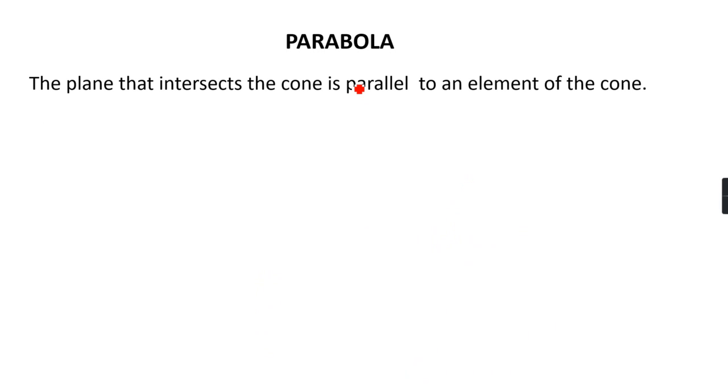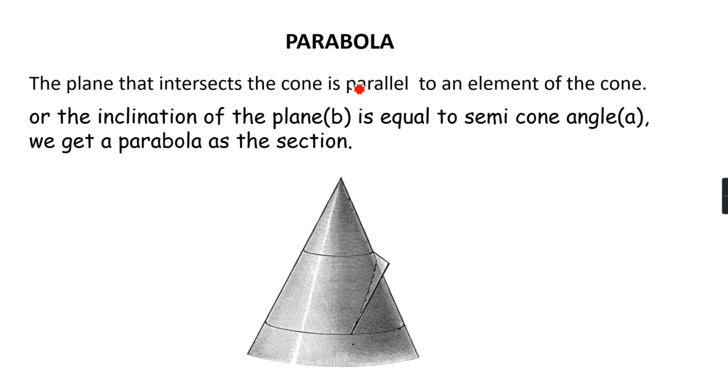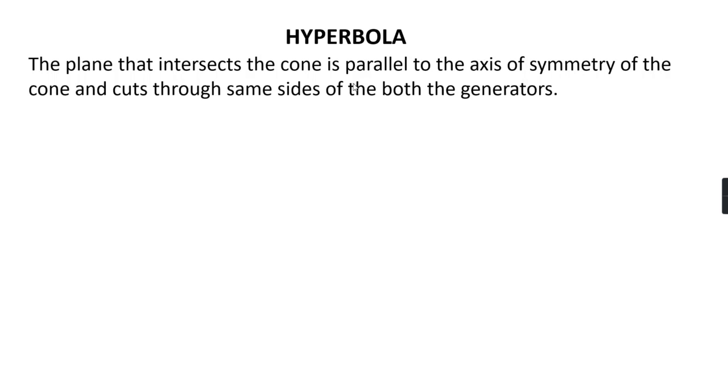Next is the parabola. The plane that intersects the cone is parallel to an element of the cone. Then we will get the parabola. In other words, the inclination of a plane with vertical, B, is equal to the semi-cone angle A. And the next is the hyperbola.